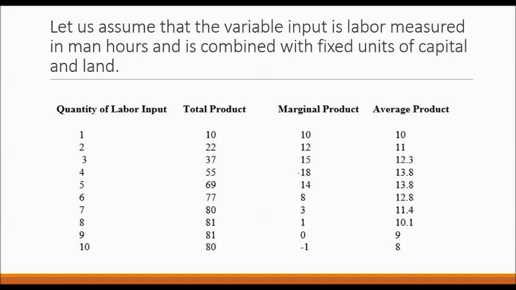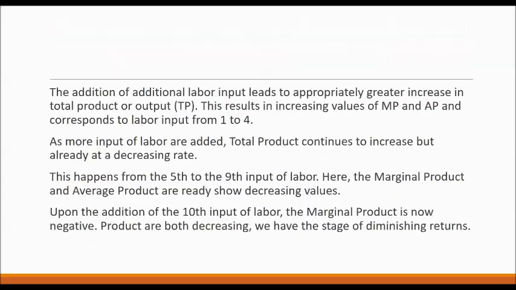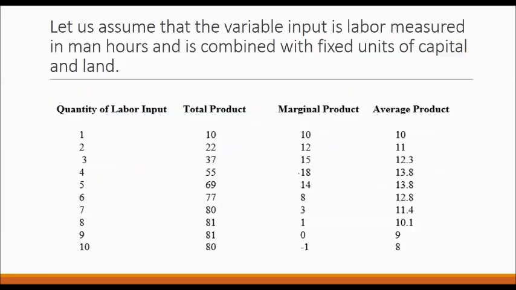The quantity of labor input includes the number of hours the man may work plus the fixed units of the capital and land. So the more that will add on to the quantity of labor input, the marginal product continuously decreases.